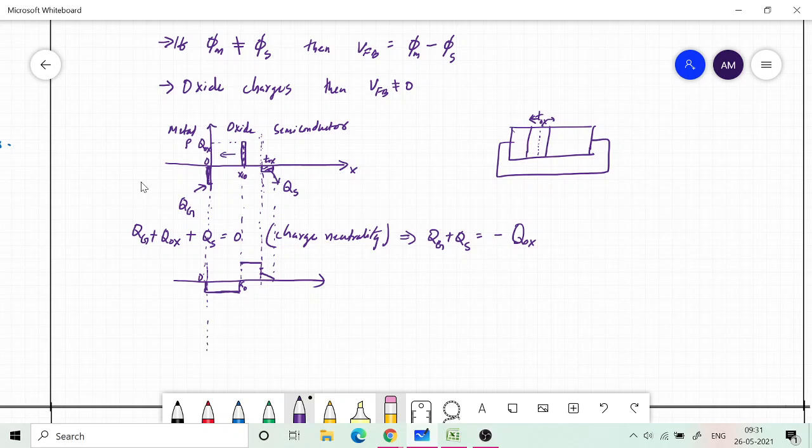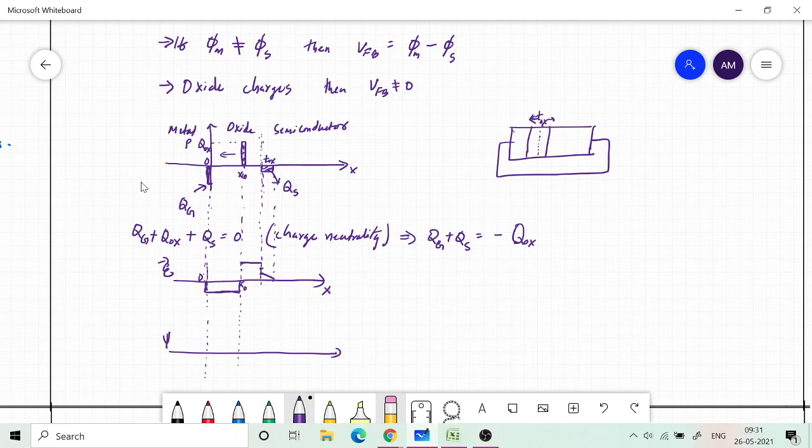Now we can continue this process in order to evaluate the potential. This is the electric field with respect to x, and now we can find the voltage. Voltage means it is psi in our notation. How do we find voltage? Voltage is basically minus E dot dl. The electric field is to the left, and we are moving to the right, and the magnitude is negative.